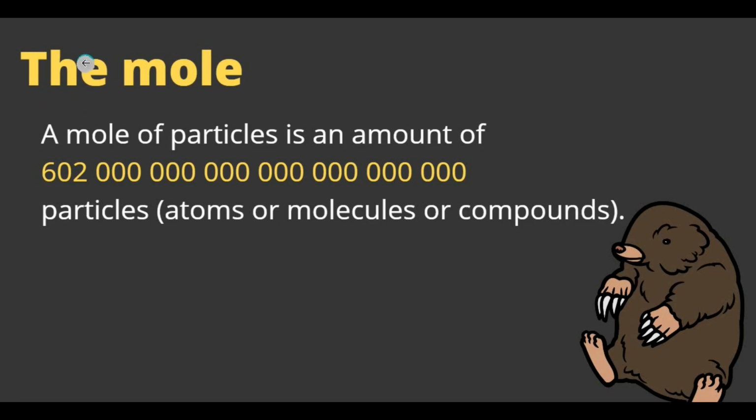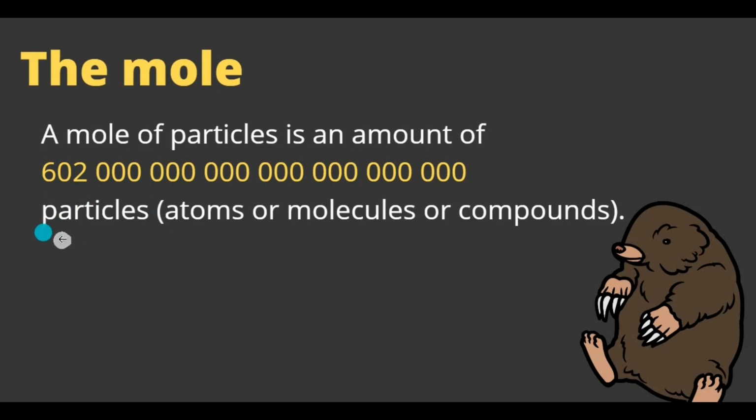So how do we define the mole? In chemistry, we describe a mole of particles as an amount of, you see this very large number that I cannot even pronounce. So when we talk about 1 mole, we mean that literally in that substance, so we can say there's 1 mole of carbon. It means there is this many, you see how many zeros there is there, particles.